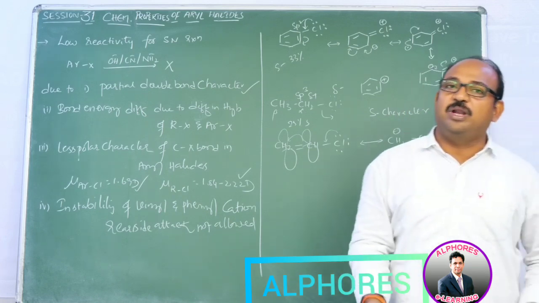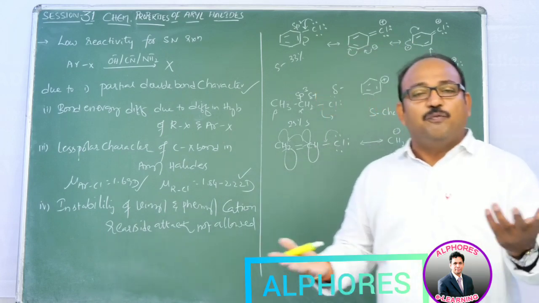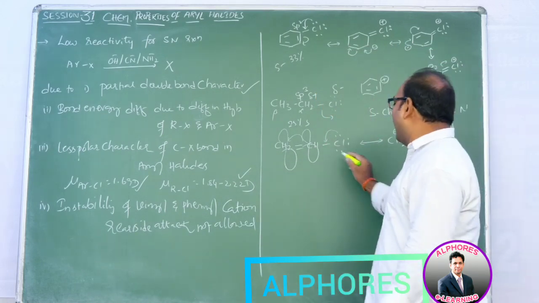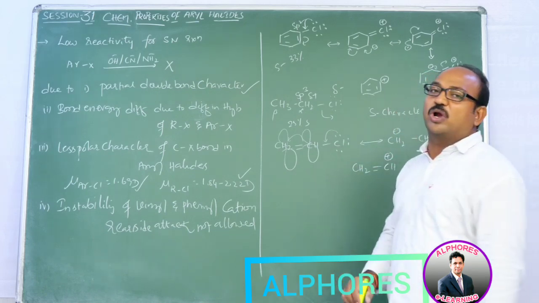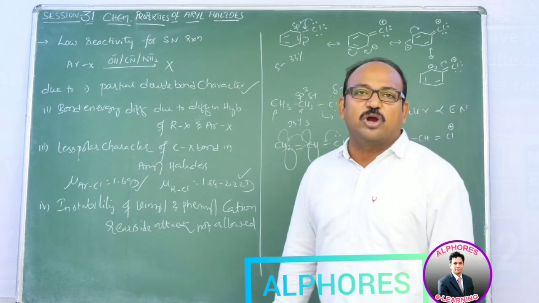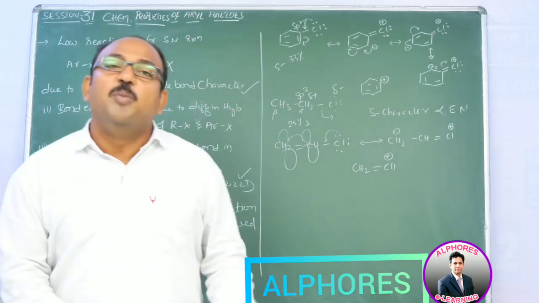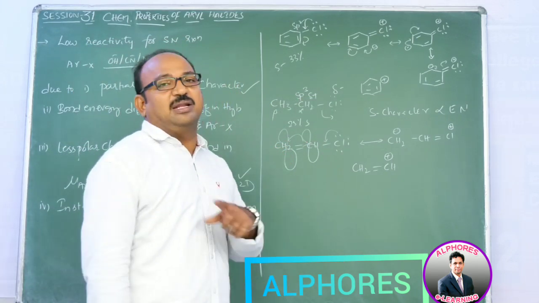And SN1 has to lead to the formation of a stable carbocation, but that is not possible. Even in vinyl halide, if this bond breaks, we get a vinyl carbocation. In a vinyl carbocation, the double-bonded carbon is a more electronegative carbon, and when a more electronegative carbon bears a positive charge, that intermediate is highly unstable.